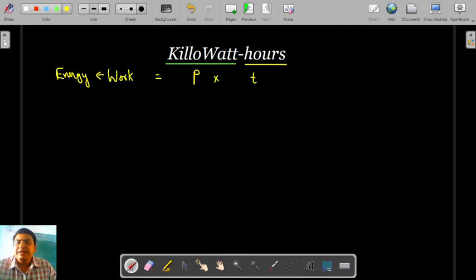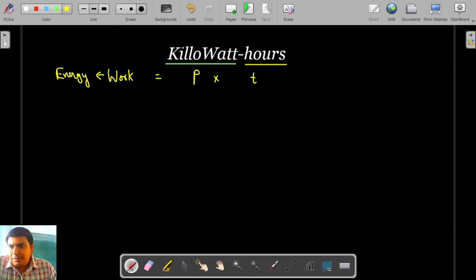Remember one thing: kilowatt hour is not the unit of power. It is the unit of energy. It is the unit of work done. It is the larger unit of joule.